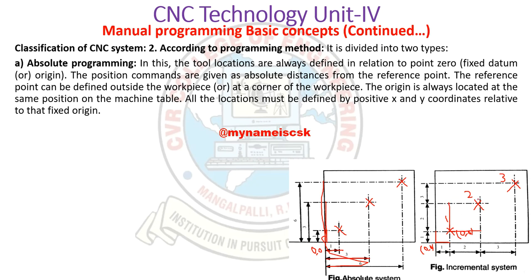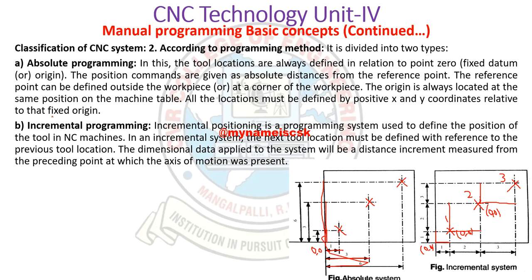Then only it will go to the second point coordinate. When we want to go to the third point, then this coordinate will be 0 comma 0. So from here 0 comma 0, x has to move 3 mm and y has to move 3 mm. That is the difference between absolute and incremental system.